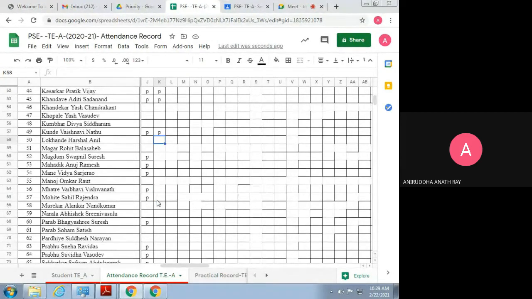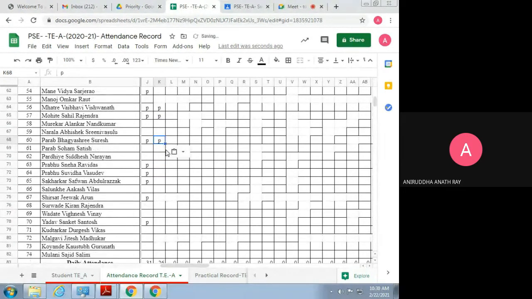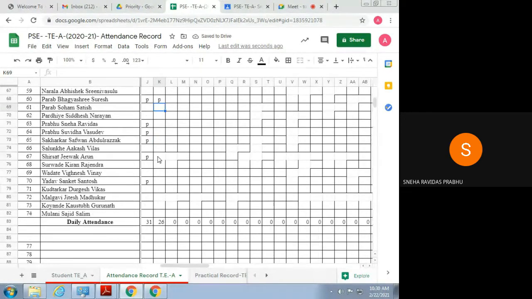Then 51 to 60. Then 61 to 70. Then 71 to 74.